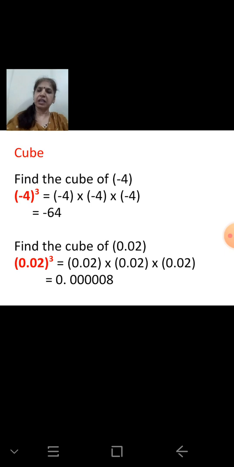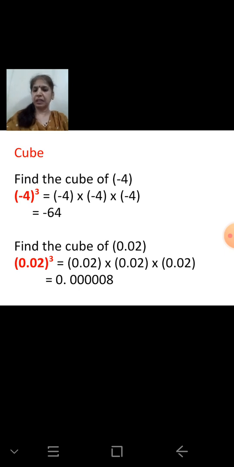Next, find the cube of 0.02. Here the number is a decimal. First write in index form, 0.02 raised to 3. A number multiplied by itself thrice: 0.02 multiplied by 0.02 multiplied by 0.02. First multiply the numbers, ignoring the decimal. 2 2s are 4, 4 2s are 8.